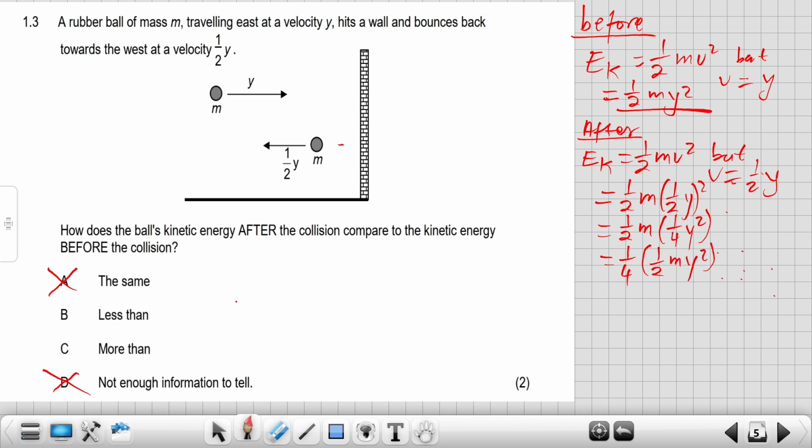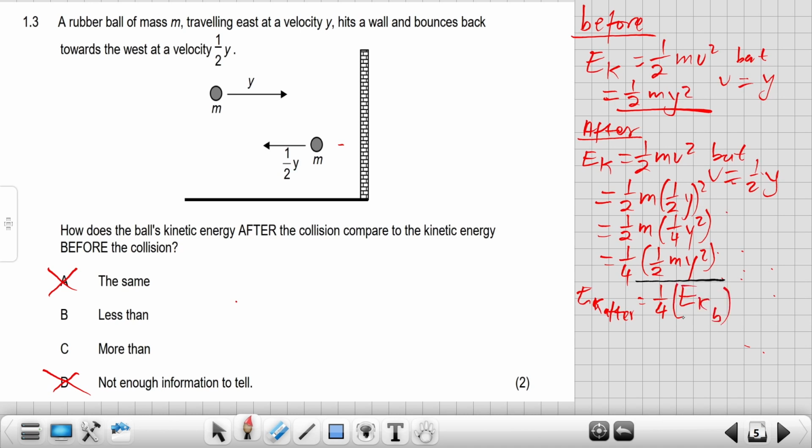But I can easily see that this part here is the kinetic energy before. So I can say EK after is just equal to a quarter of EK before.